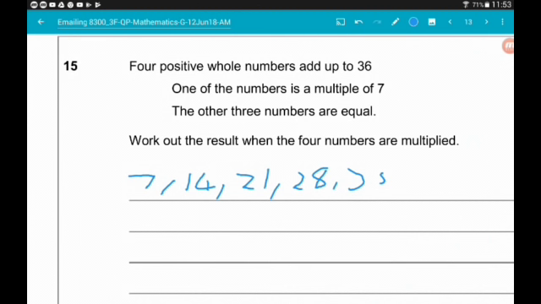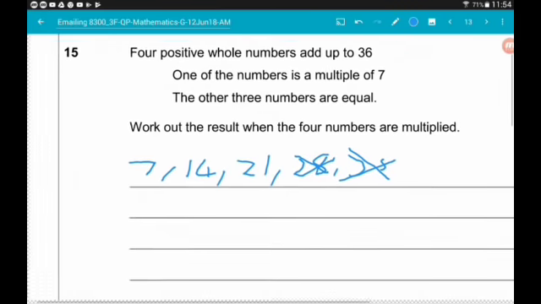So straight away we can rule out 35. 36 minus 35 gives us 1, so we definitely can't split 1 into 3 pieces equally. 36 minus 28 is 8. 8 is not divisible by 3, so 28 is out. 36 minus 21 is 15. 15 is divisible by 3.